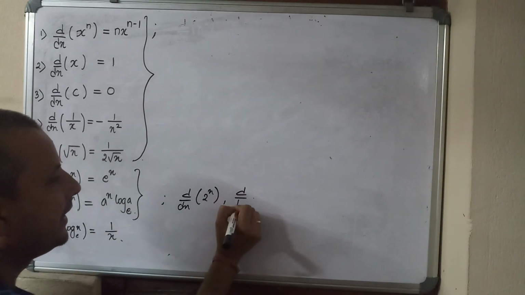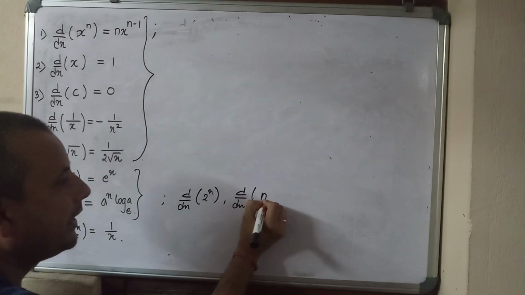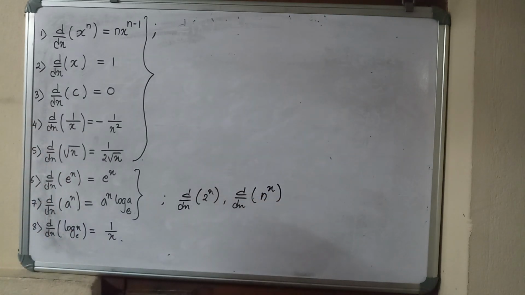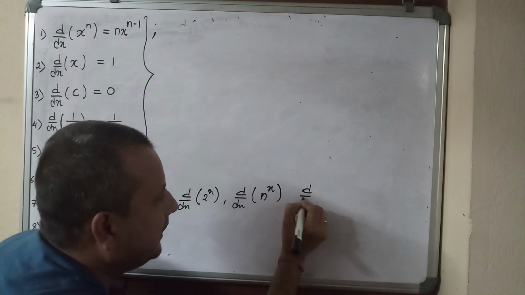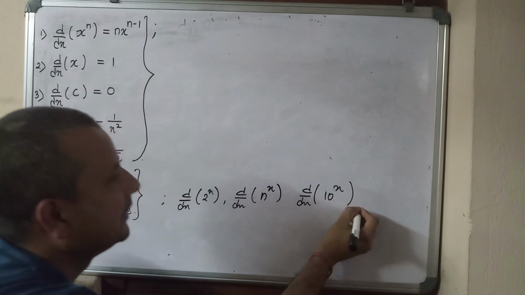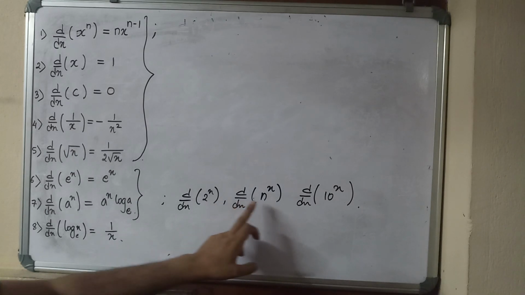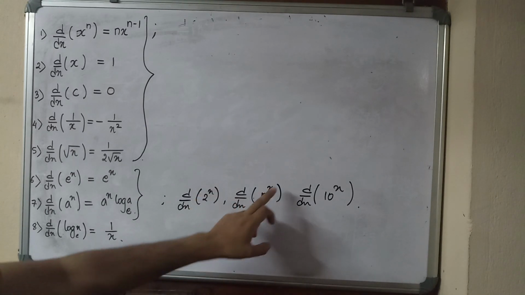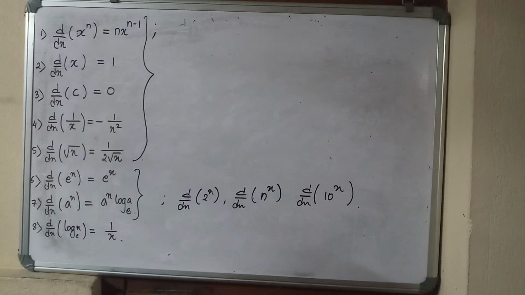Maybe dy dx of n to the power x, constant to the power variable, or dy dx of 10 to the power x. This way you will get the function in this form: constant to the power variable.